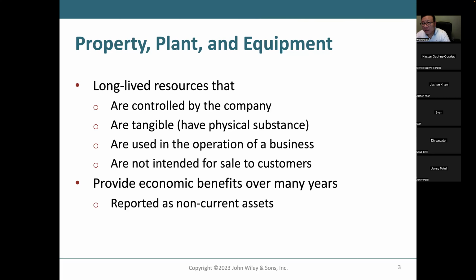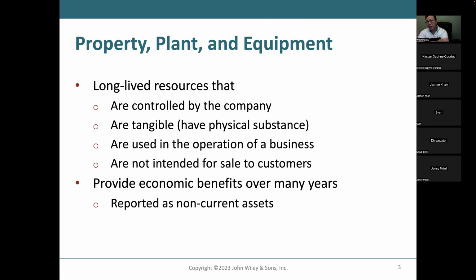Often those assets can be converted into cash within 12 months or one operating cycle. Those are considered current assets. It is relatively easier and quicker to convert them into cash. But the long-lived asset, we consider as non-current because normally you will not sell it within a year.